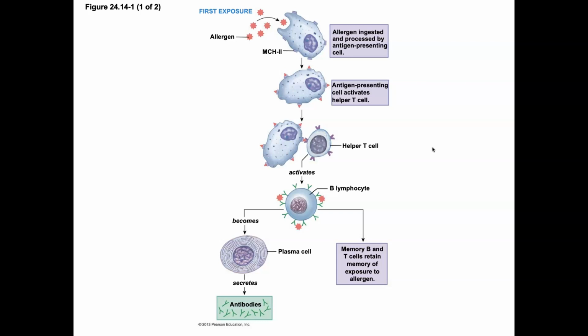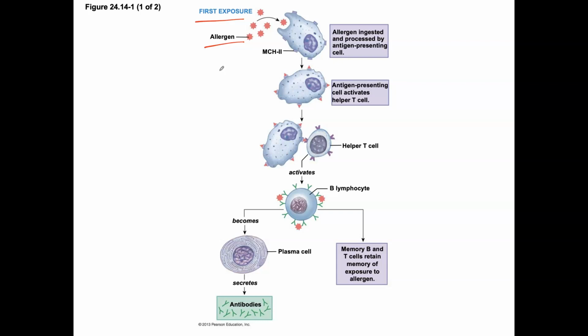Let's take a look at an immediate hypersensitivity reaction to something like a pollen. What would actually be taking place physiologically in the body? So when the body is first exposed to an allergen, the first time you come in contact with, say, a particular plant pollen, what's the reaction that's going to take place?